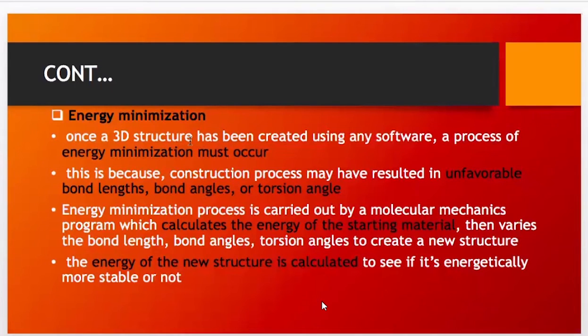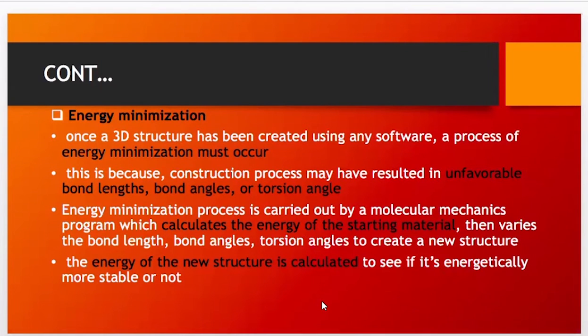Once you have formed this 3D structure from a 2D structure, there will be changes in the bond length. We did talk about needing to take note of the bond length. There are also going to be changes in the bond angles and torsion angles. So you need to apply energy minimization to work out those changes.